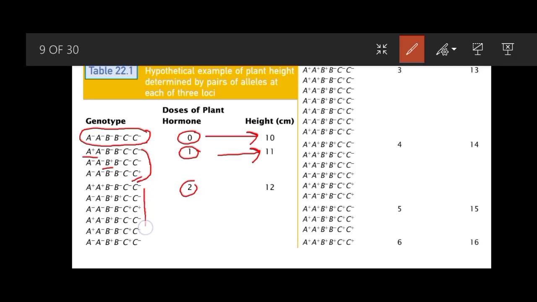So in all these genotypes, two doses of hormone are present, and they make the plant 12 centimeters in height. Similarly, all the others: when three doses are present, then 13 centimeters. When four doses are present, 14, then 15. And when all the plus alleles are present, then 16 centimeter height will be produced.